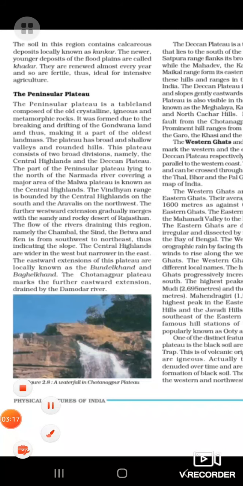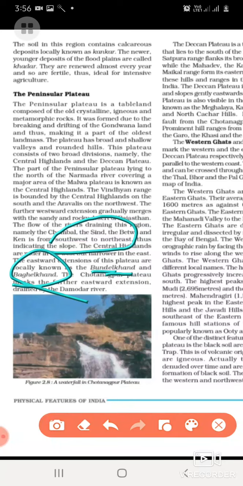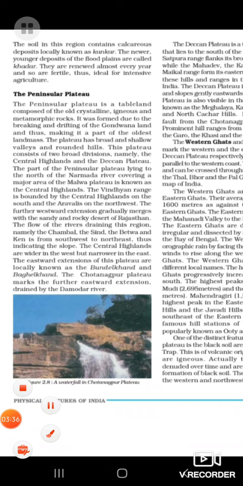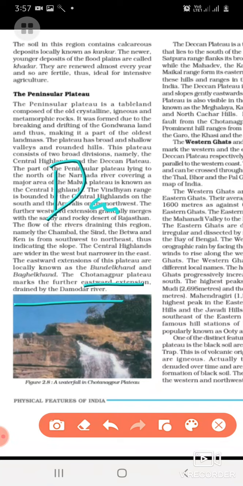Now the eastward extensions of this plateau are locally known as Bundelkhand and Baghelkhand. The Chota Nagpur plateau marks the further eastward extension. You will find the Chota Nagpur plateau located on the east side, and it is drained by the Damodar river. Do remember, the Chota Nagpur plateau is drained by the Damodar river.